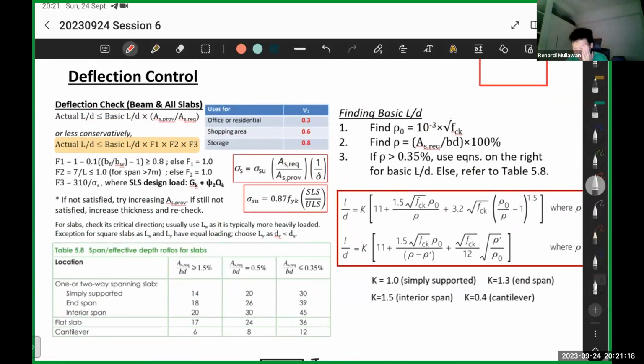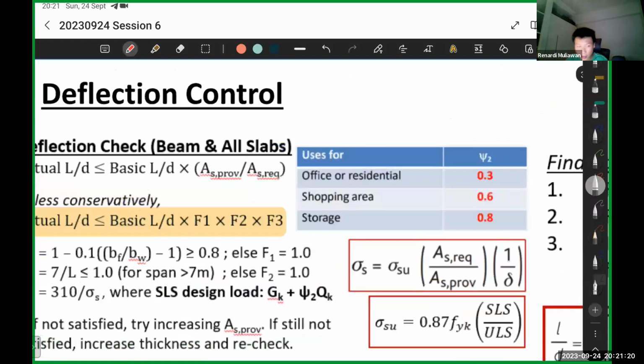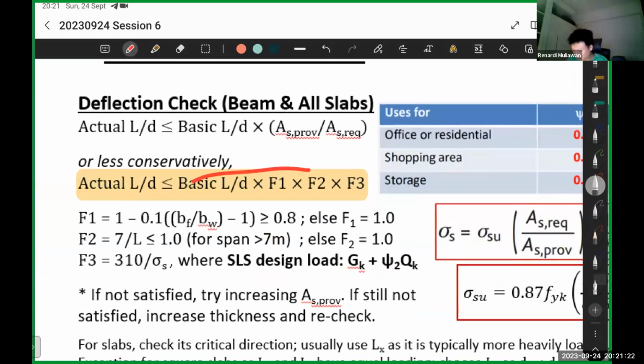Then the next one, if you notice here, you need to compare actual L over d with this. First, you have the basic L over d, a term that I'll explain after this. Then you have three factors here, F1, F2, and F3. Let's go over it one by one. Basic L over d is like your basis.